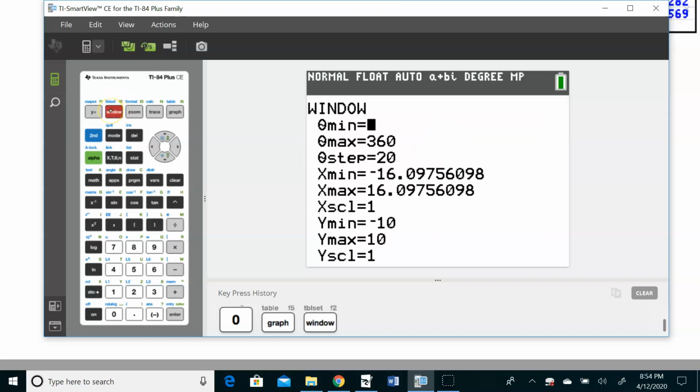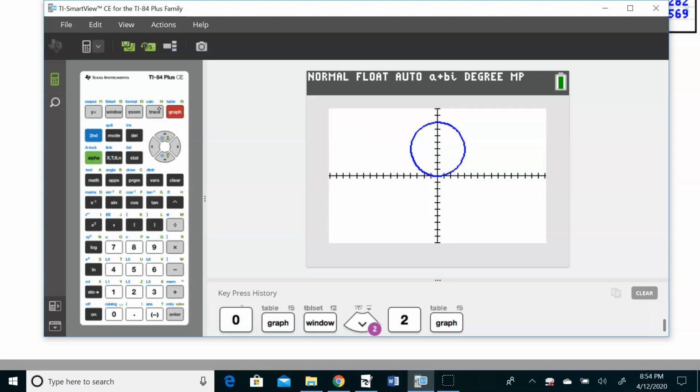As opposed to if I set theta step to something smaller like 2, it drew much more of a circle.